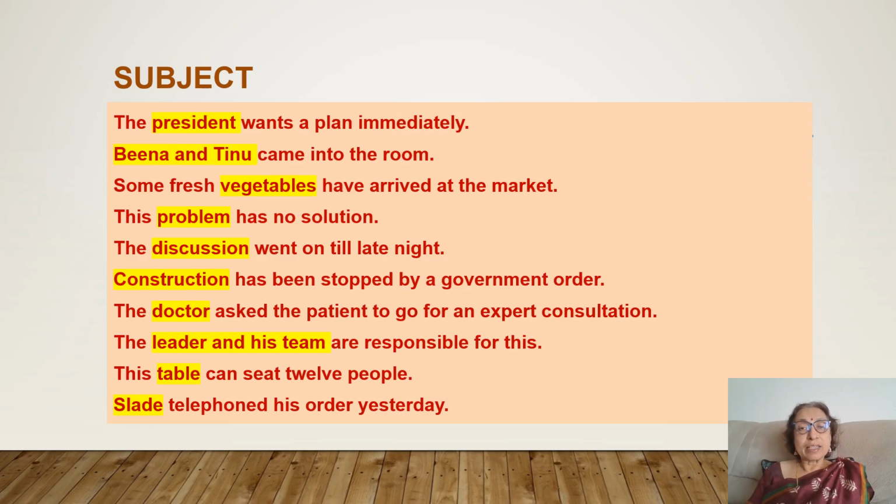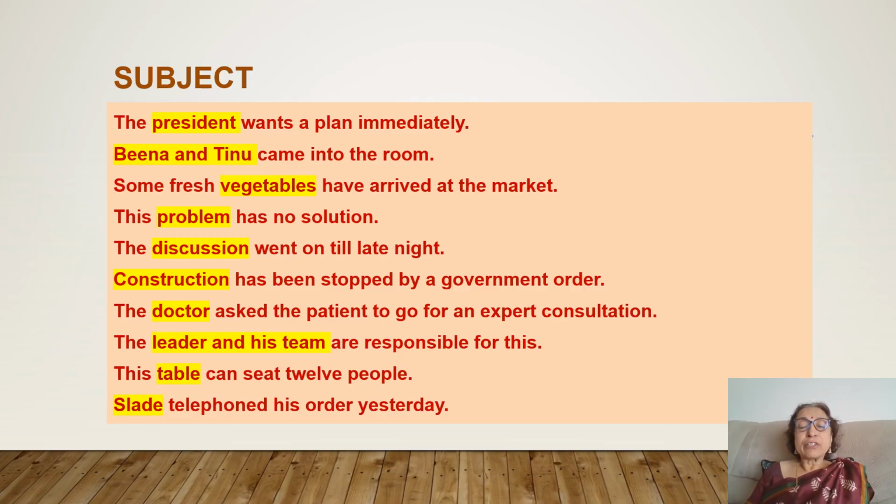We are not looking at the noun plan at all because the work of the verb wants is being done by the noun president. So who wants? The president. Therefore, what he wants is immaterial for us. But who is it that wants? That is the president. So the president here is the subject of the sentence.